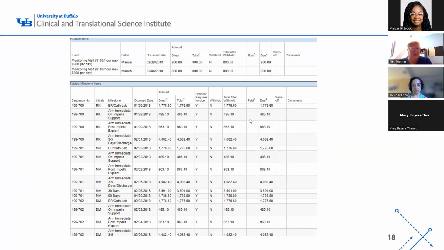So it's something that I think will help a lot of people who may be keeping a separate spreadsheet to make sure everything is correct, or that we have everything captured. Again, if you put it into the system in OnCore, we will be able to capture it.